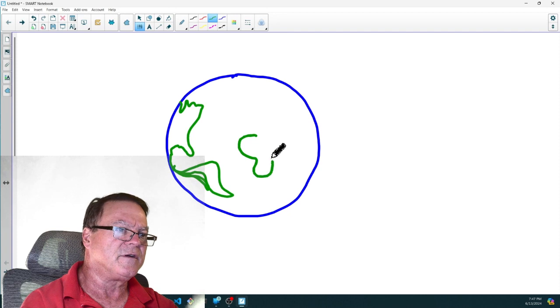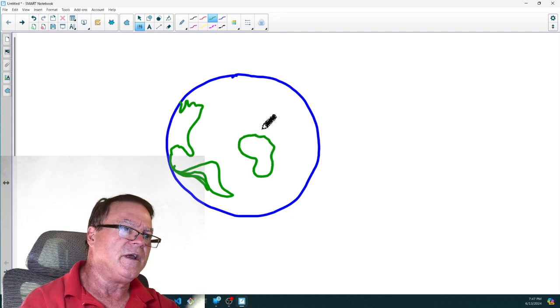Here's Africa over here, and then here's the boot of Italy and the Mediterranean, and here's Spain, Portugal, and here's France.